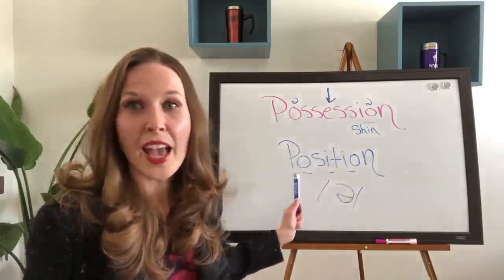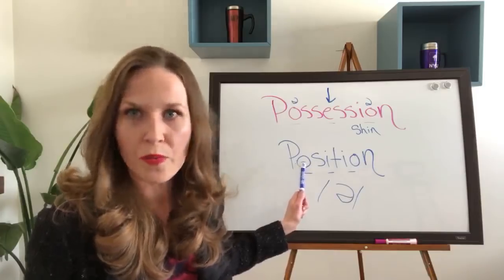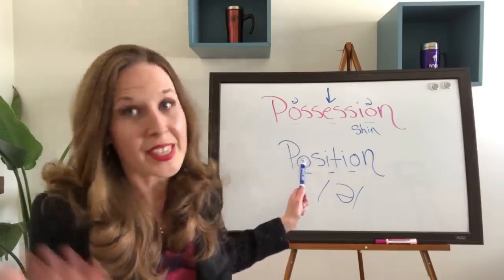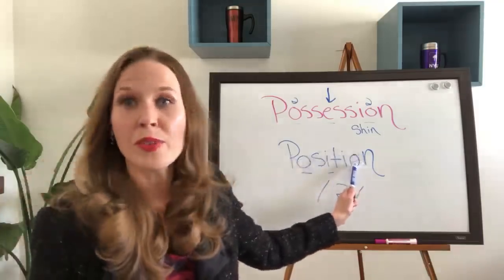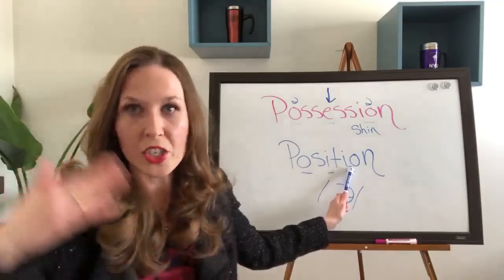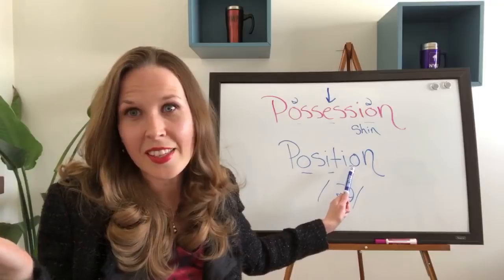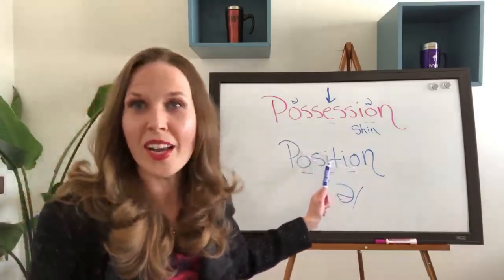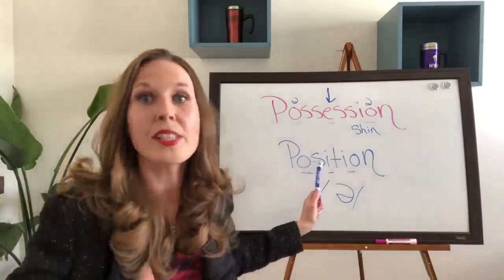Okay, so again, if it was the first one, it would sound like position. Is that correct? If it was this one, it would be position. Is that correct? If it's the middle one, it would be position.